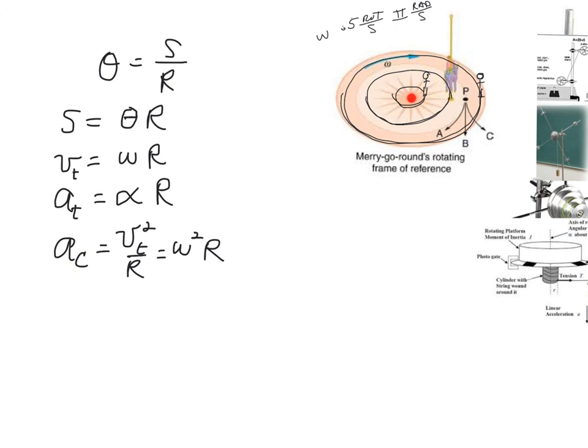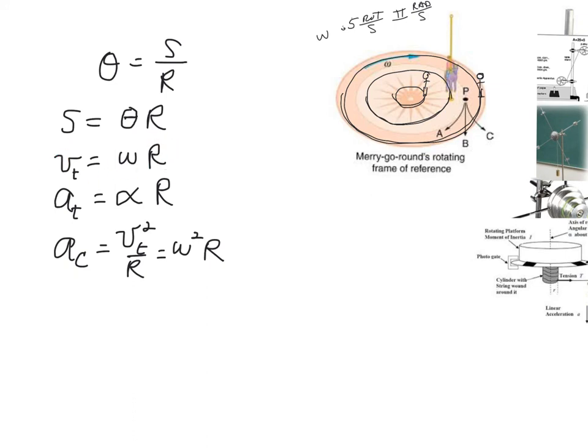But we know from what we studied back in week 6 that in order to move in a circle, there has to be a centripetal force on this person, in this case friction, keeping the person in the circle. So you may remember that even the person moving at a constant speed has a centripetal acceleration. And remember, that was v squared over r. And so the v that we're talking about is the tangential velocity.